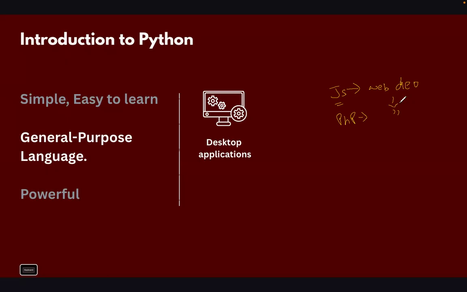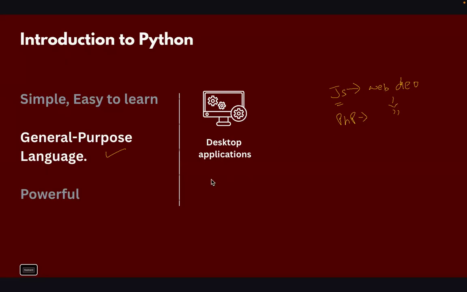But though Python is a scripting language, Python is a bit different. It is a general purpose language. That means it is not just used to build websites or web products, but you can build a lot of applications with it.